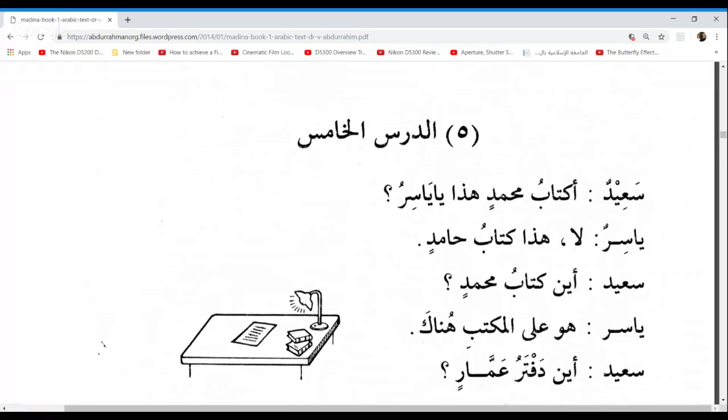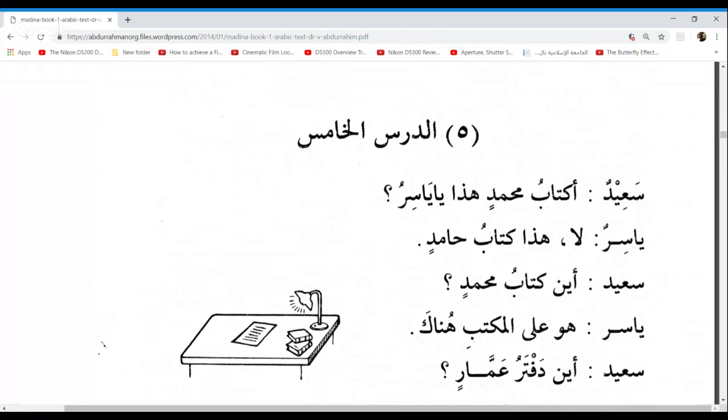So if the word has tanween to start with, then you keep the tanween. If it didn't, like at-Talibu, then you don't add another kasra. It becomes at-Talibi. So we would say Kitabu at-Talibi.